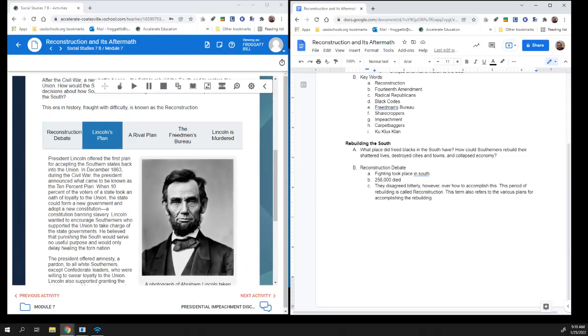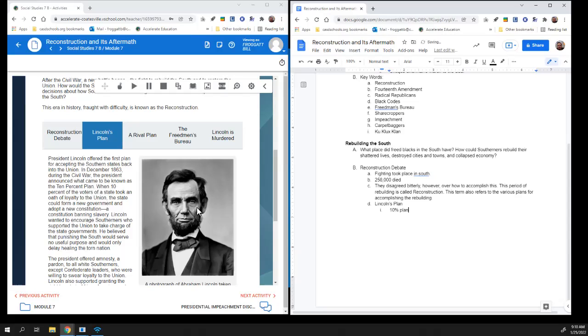All right, so now we're going to get some of Lincoln's plan. Let's put some ideas about Lincoln's plan. He offered the first plan for accepting the Southern states back into the Union. The president announced what became known as the 10% plan.